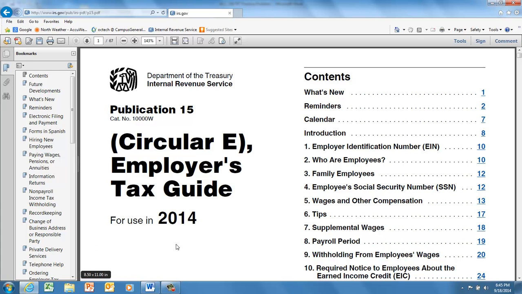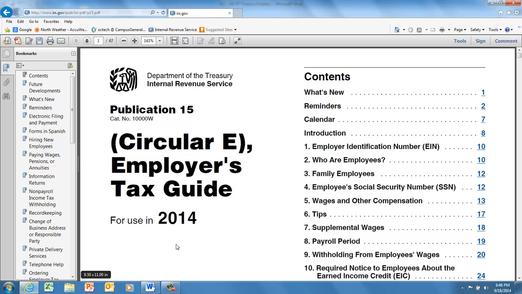You're going to go to your IRS website, and what you want is your Publication 15. If you don't already have this downloaded and printed, it's helpful to have it in a binder where you can easily get to it even if you don't happen to have internet available at the time.